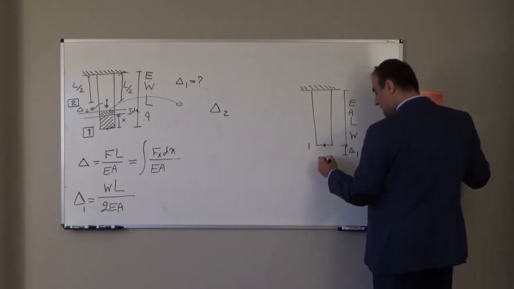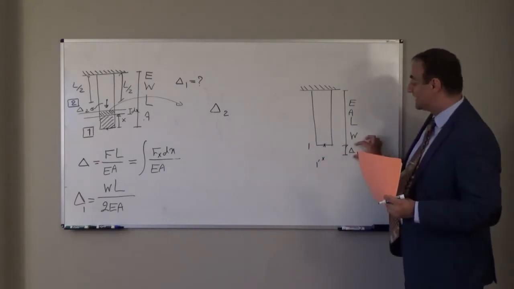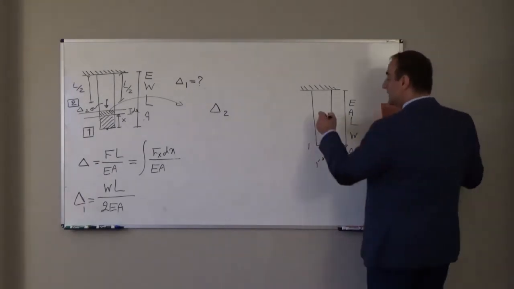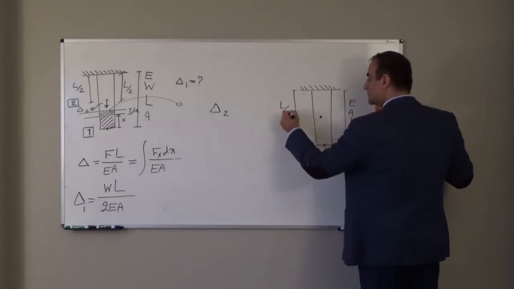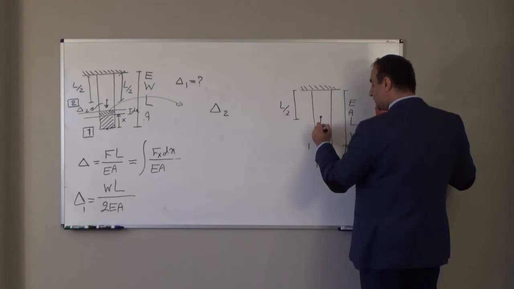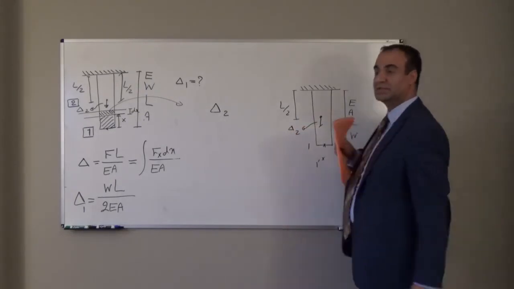Point 1 will move down to point 1 prime. That will be our delta 1 deformation. But point 2 here, at L over 2, will move down how much? Delta 2. I want to calculate that.